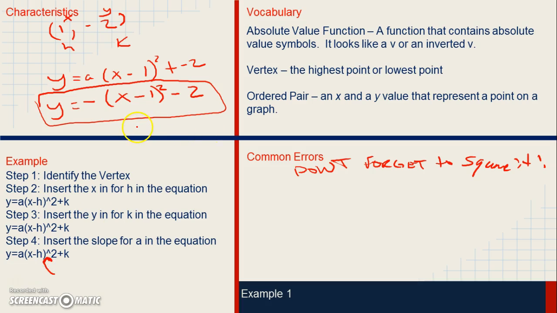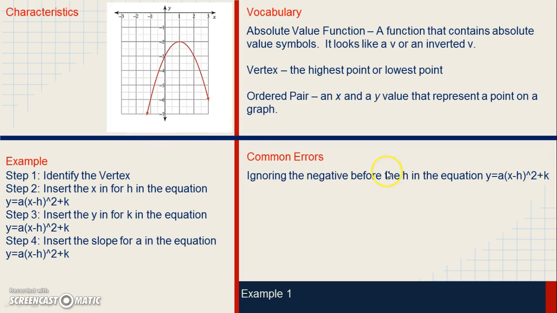So it's right there on number 6. If you'll hit Shift 6, there's a caret, and that's what it looked like when you actually type this in. So don't forget that you can still have double negatives here, and don't forget that if it's opening down, that has to be negative. Okay, those are the two common errors that you're going to see.